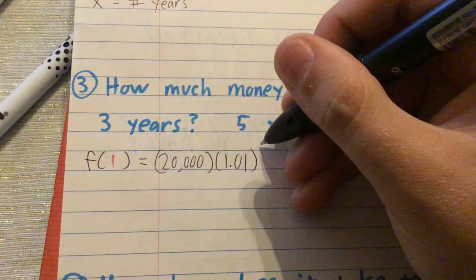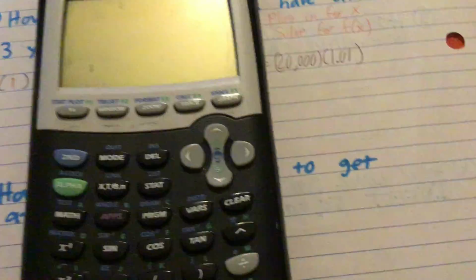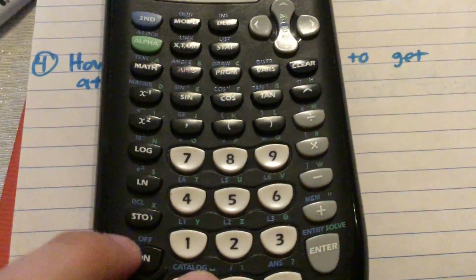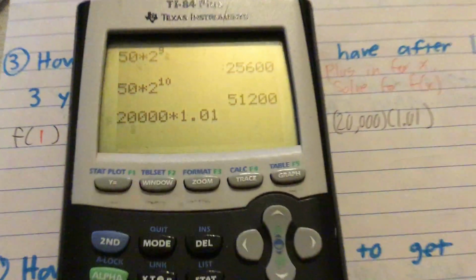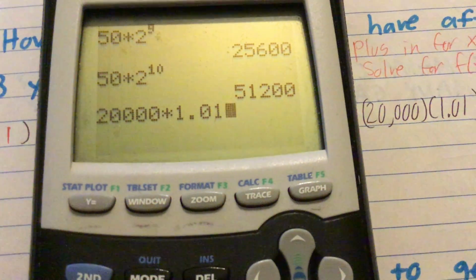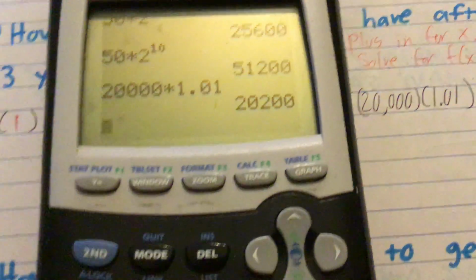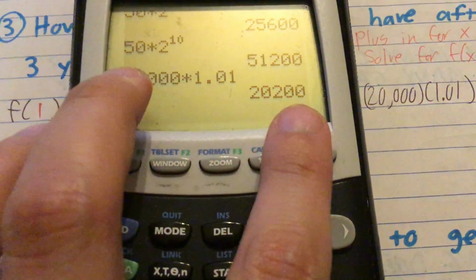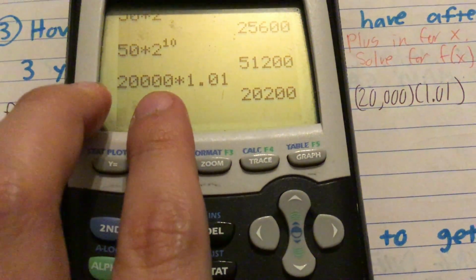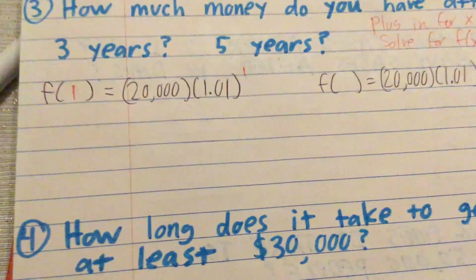Well, that means that this is just 1.01 to the first power. In other words, this is just literally going to be 20,000 times 1.01. I don't need to take it to any power. So that's going to be 20,200. Notice that the 1% interest gets me an extra $200. 1% of 20,000 is 200. So that makes it grow to $20,200.